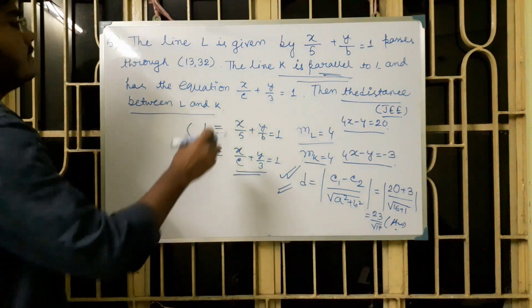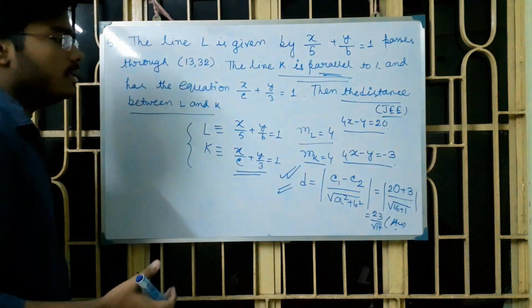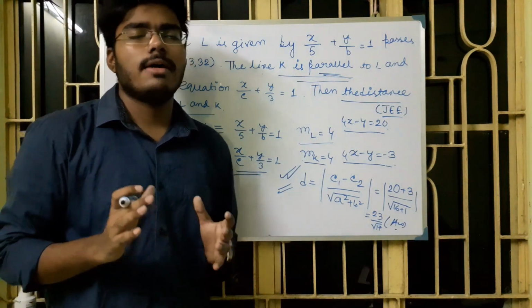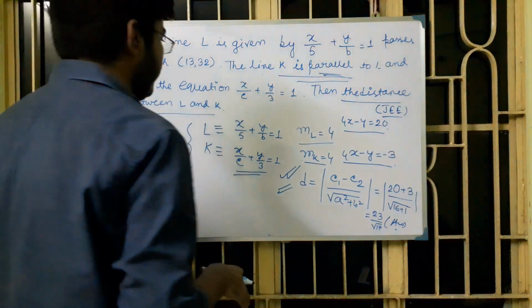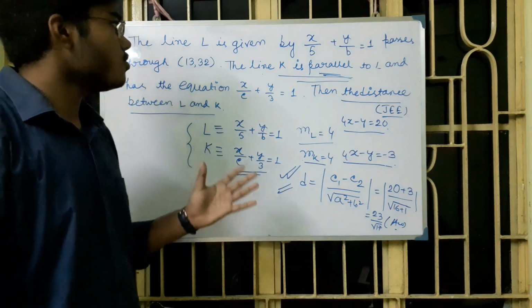If you get that any line is parallel, any line is perpendicular, and just implement the fundamental formulas, you have nothing to worry about. The problems will be given very easy. Okay, so that's all about this problem.